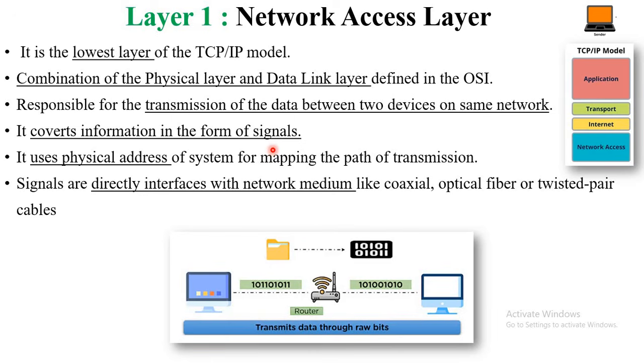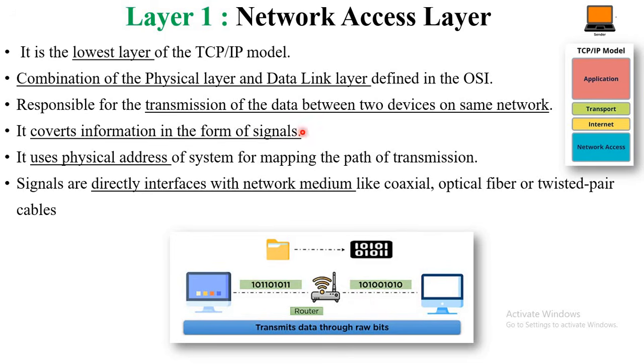Okay, now what happened? In the previous session we discussed the transmission media. Okay, this sender and this receiver are connected with each other through some cables. Either it is a coaxial cable or a twisted pair cable or an optical fiber cable, right? So the network access layer provides the information as per the transmission media. This network access layer first detects that yes, it is an optical fiber cable.